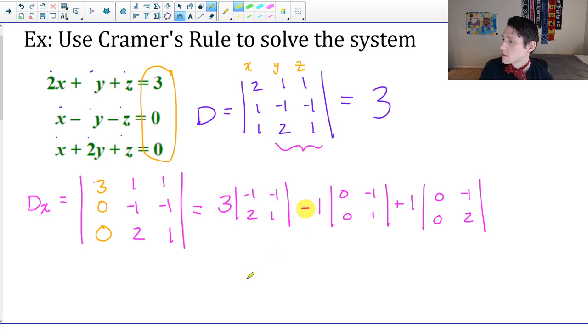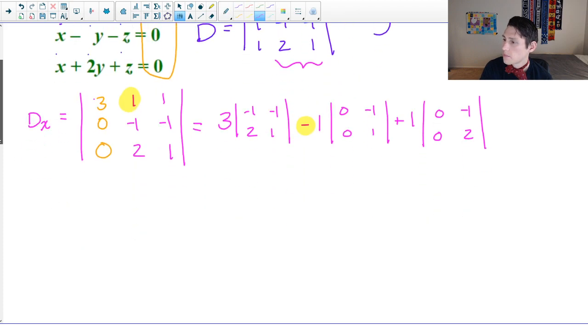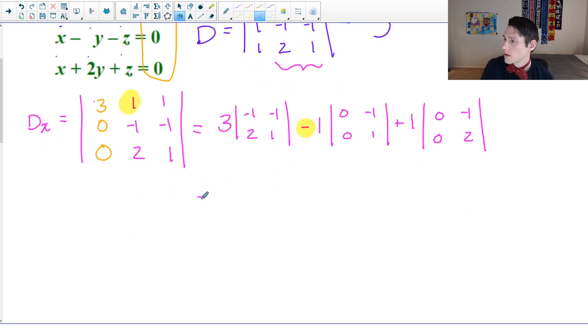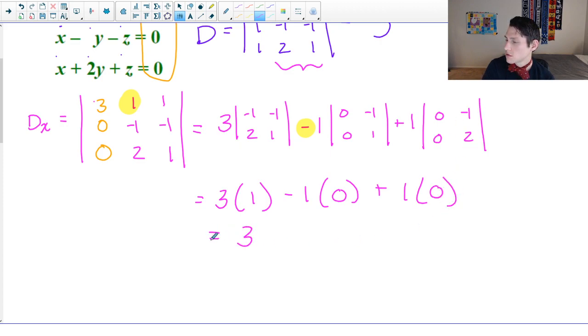Please don't forget that this is a minus sign, even though this is a positive 1. That is a positive 1, but we put a minus sign in front of it in the middle here. It's just part of the formula. Okay, now let's do some 2 by 2 determinants. So this would be negative 1 plus 2, so 1. Minus 1, 0, minus 0, okay, 0. Plus 1, 0, minus 0, also 0. So this just equals 3.